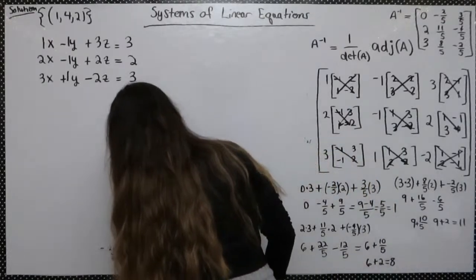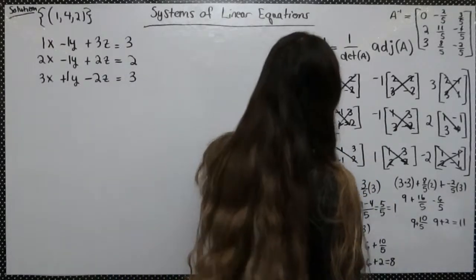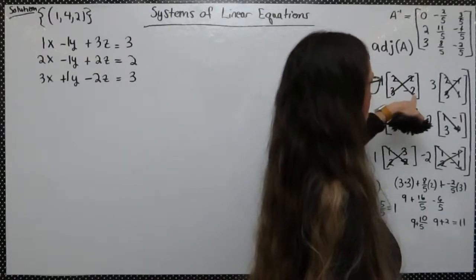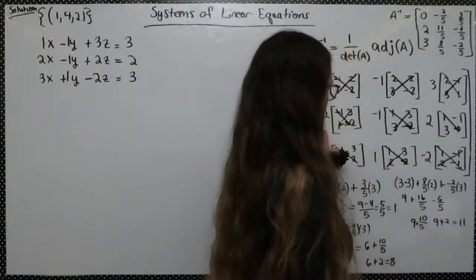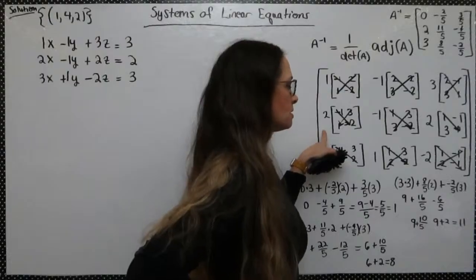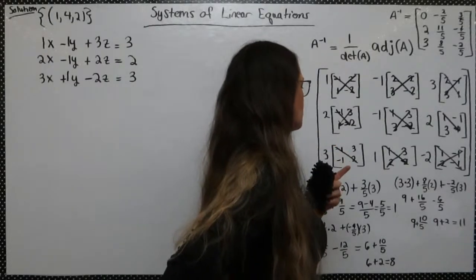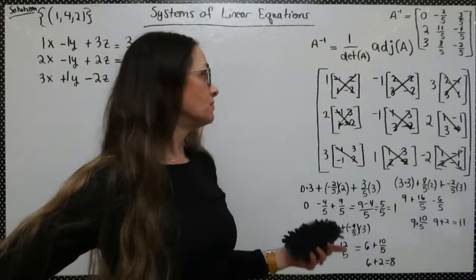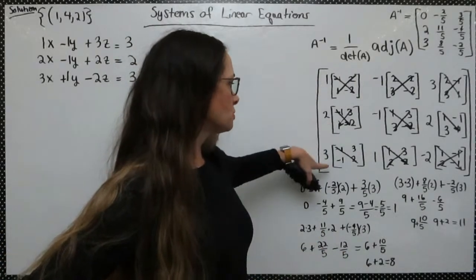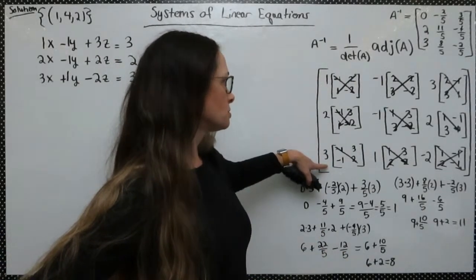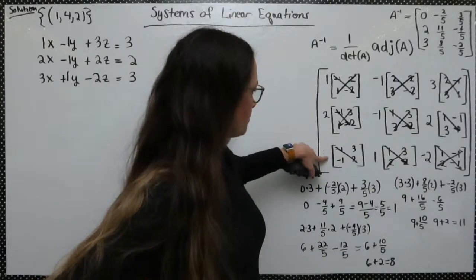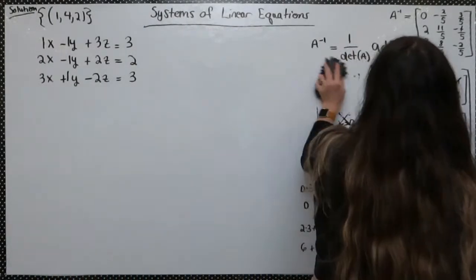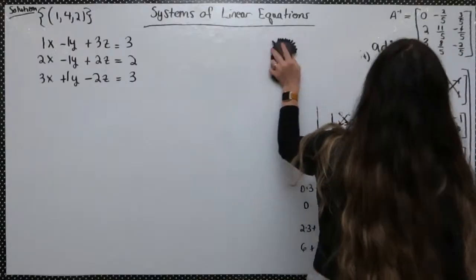So I calculated the determinant correctly. I made a mistake. I wasn't supposed to multiply these by the coefficients of your original matrix. What I was supposed to do was apply this rule to find the cofactors. So this actually is the matrix of minors minus this scalar multiplication. Anyway, so there is a mistake in there.